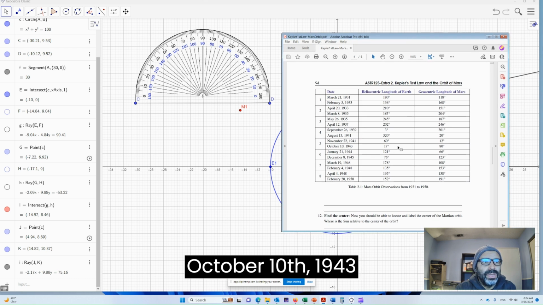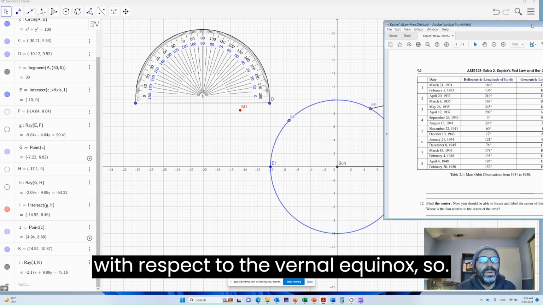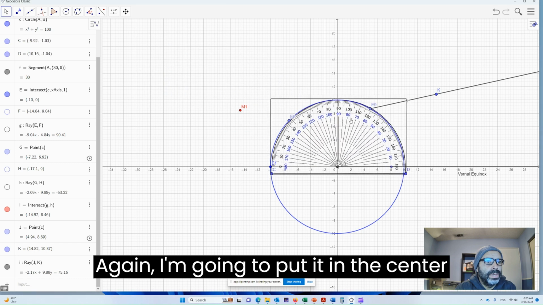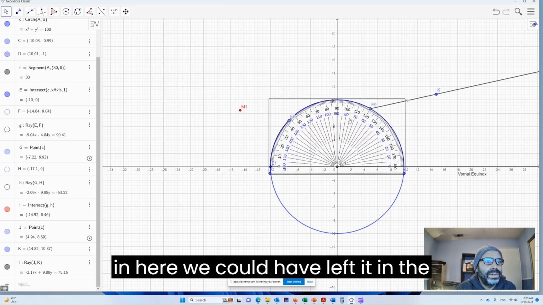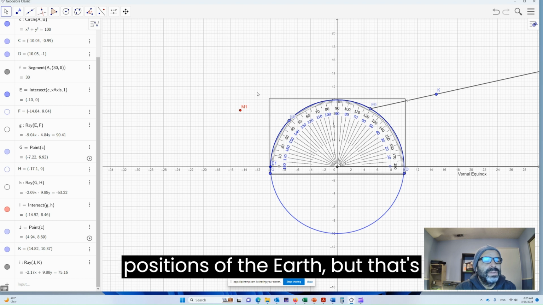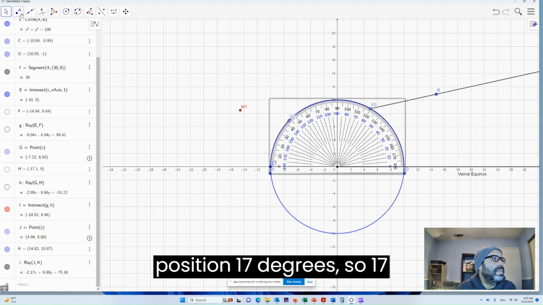Then on the next date, October 10th, 1943, the Earth was at position 17 degrees with respect to the vernal equinox. So again, I'm going to put it in the center in here. We could have left it in the center and done all 16 positions of the Earth, but that's fine. So the Earth in here is at position 17 degrees.